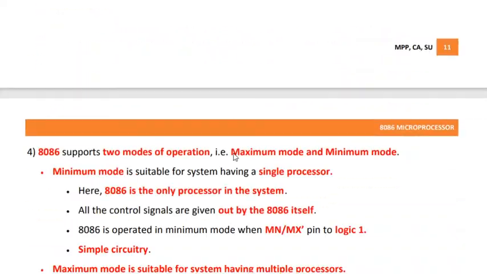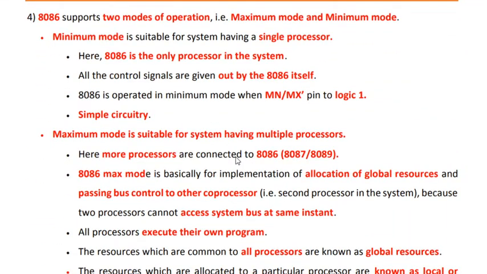Now let us move on to various operational modes of 8086 microprocessor. As learned before, 8086 microprocessor supports two modes of operation. These are minimum mode and maximum mode, or uniprocessor mode and multiprocessor mode.